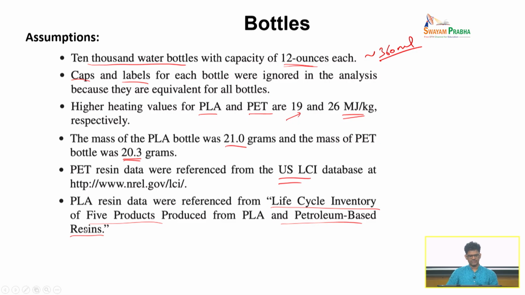So the data from that report comes as an input to this analysis. You don't have to start again from the resin; the resin calculations are already done. You just import them, rather than going back to corn and water conversion. So sometimes LCA analysis can be done not necessarily from scratch, but built on an existing framework like this one.